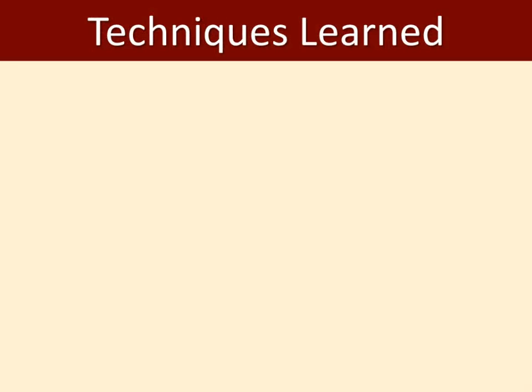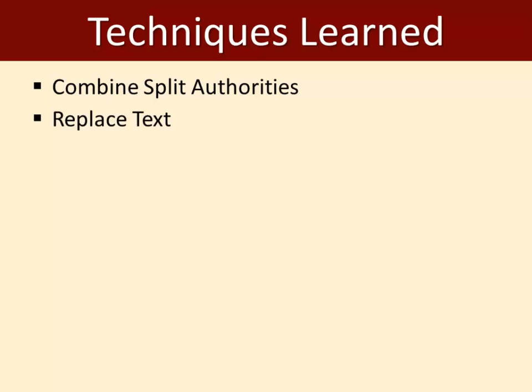Let's review the additional editing techniques we've learned in this tutorial. First, we learned that we can use the Combine Split Authority function to put two halves of suspect citations back together if they were separated by extra text. Next, we learned how to use Replace Text to correct many similar suspects at one time, and we also learned how to use Replace Text to make authorities appear consistently in the TOA.